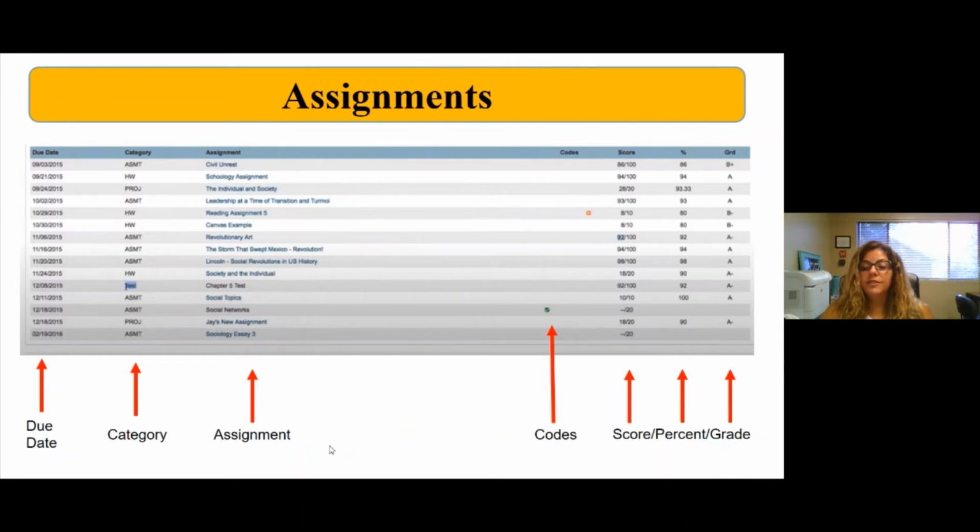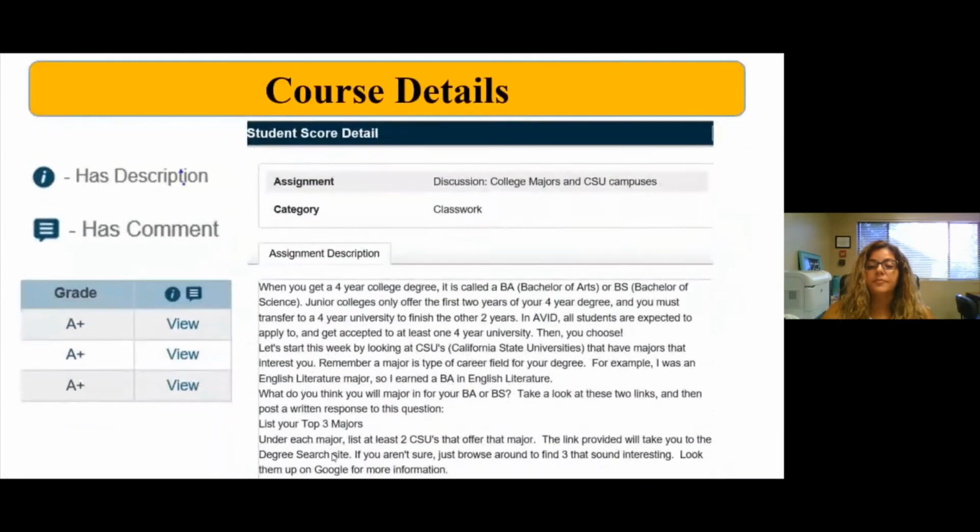You can also see the percent that the assignment received, and next to it you'll see the grade for the assignment. Next to the grade column, you might see the has description icon or has comment icon. Go ahead and click and view. And here you can get the course assignments and details.